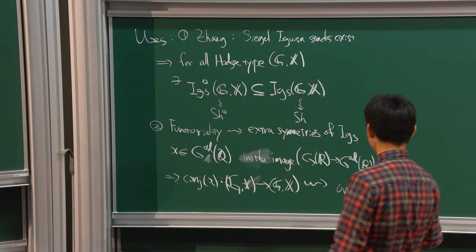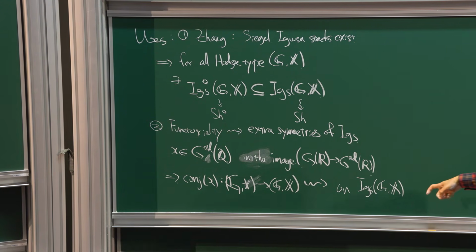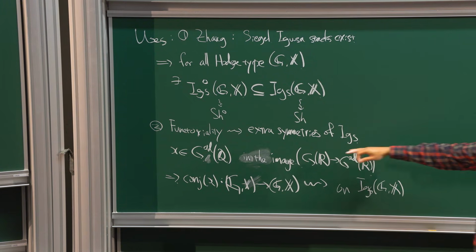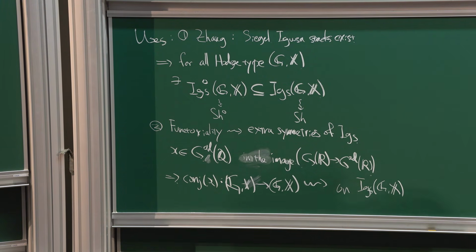And this is the main thing that goes into this work in progress of constructing Igusa stacks for abelian type Shimura varieties. You exploit this symmetry to be able to construct abelian type Igusa stacks.